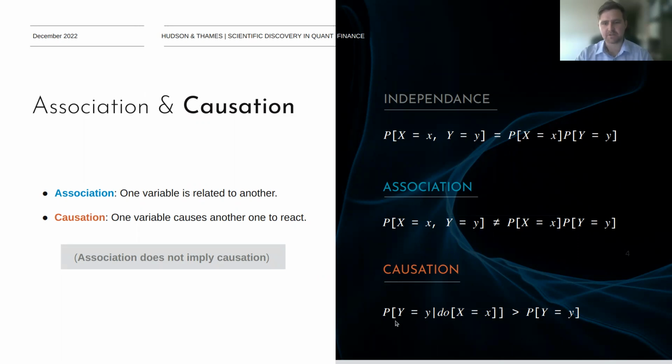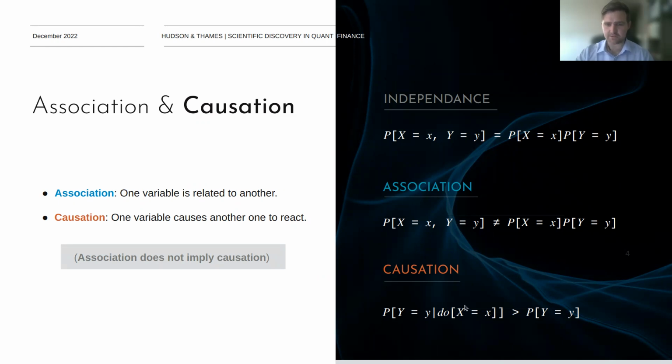Usually you have the probability of Y conditioned on the event that X occurs, and that equals the probability of Y if it's independent, or it's not equal if it's not independent. The basic idea that López de Prado argues here is that we don't have the mathematical language yet to describe when we actually change the variable and not just condition on it. That's what this do operator is.